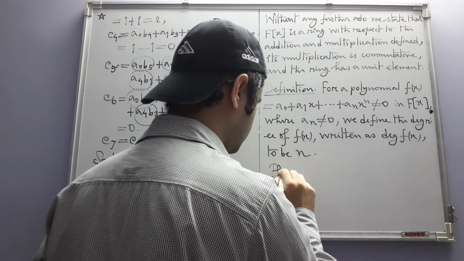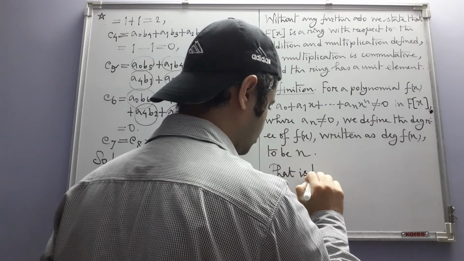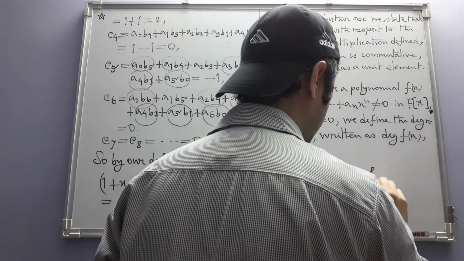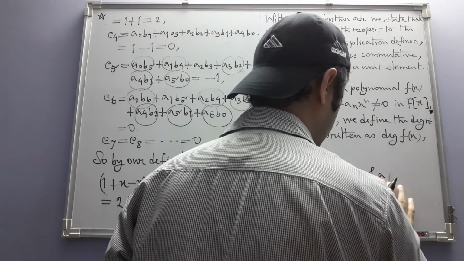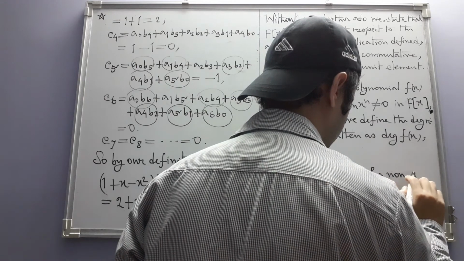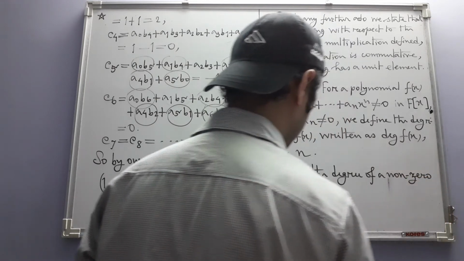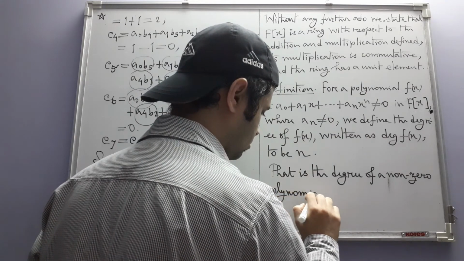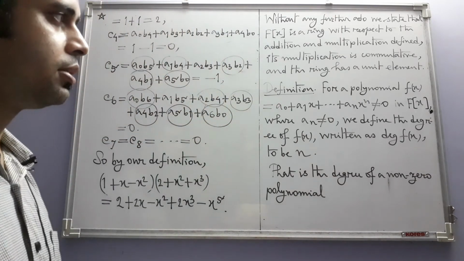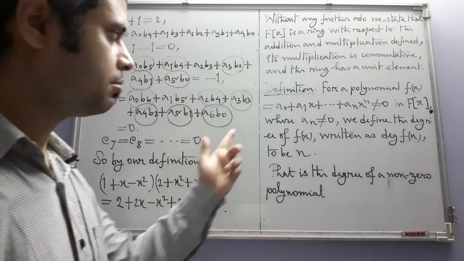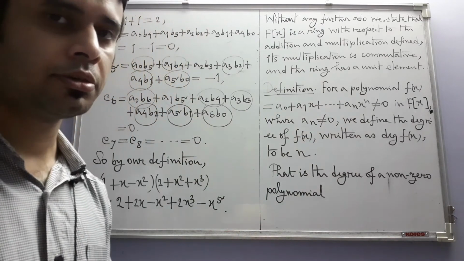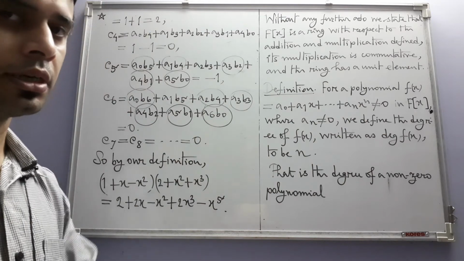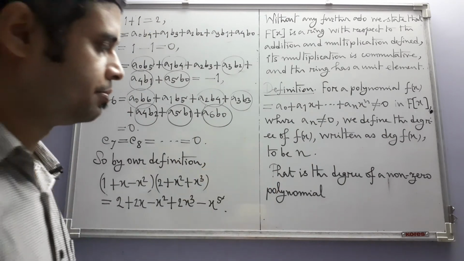That is, the degree of a non-zero polynomial. Note that this definition will not work if the polynomial is allowed to be equal to the zero polynomial, because there we will not have any non-zero coefficient, all the coefficients are zero.